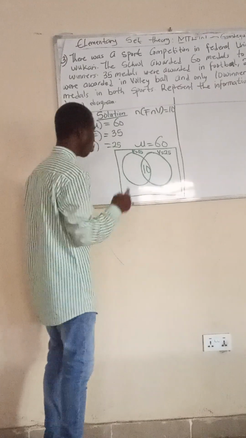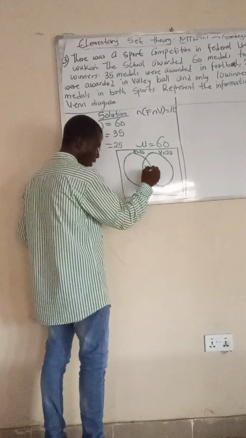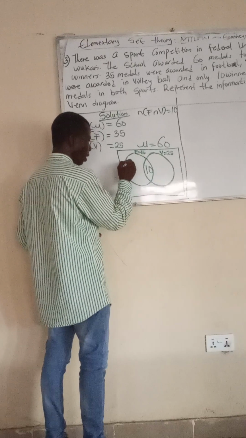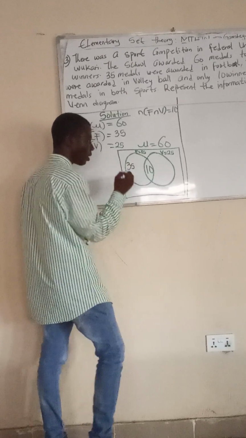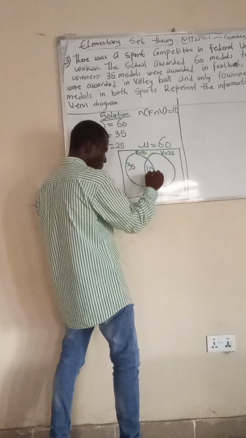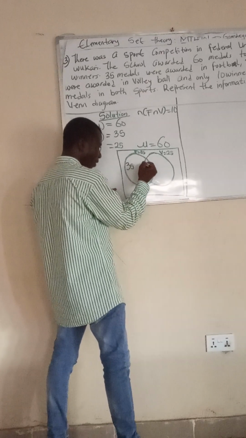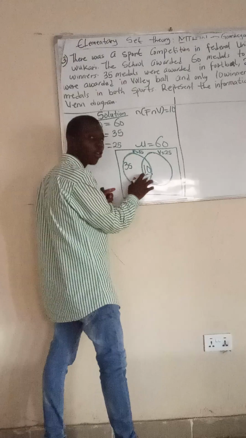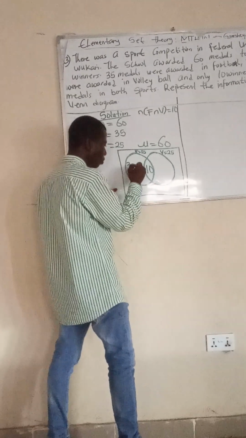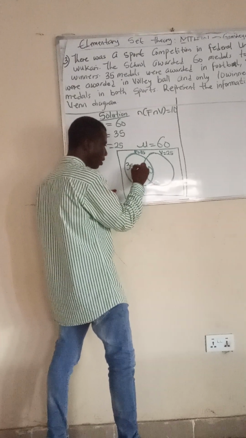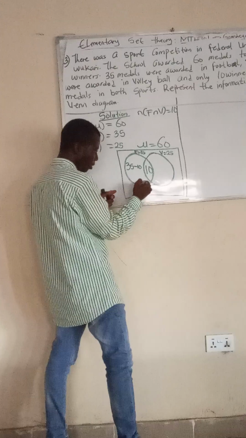Are we following? Look at the whole of this. We said the whole of this is actually 35. But out of this 35, I have a cut out of 10, which means this is going to be minus 10. There is a reduction now.